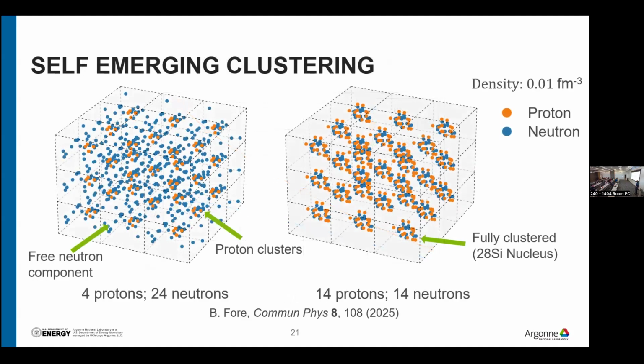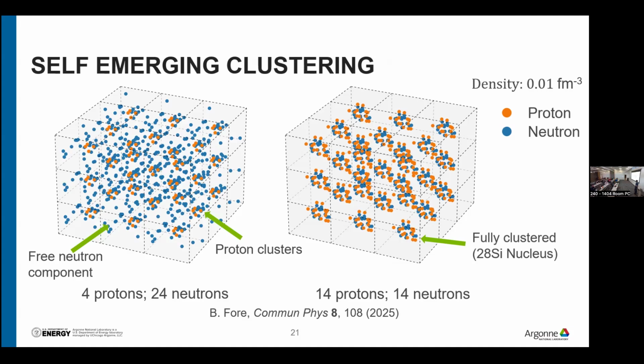This is just an image of a few points in the walk of the trained neural quantum state. We can see on the right, the symmetric matter is fully clustered, looks something like a silicon-28 nucleus because we have 14 protons and 14 neutrons.